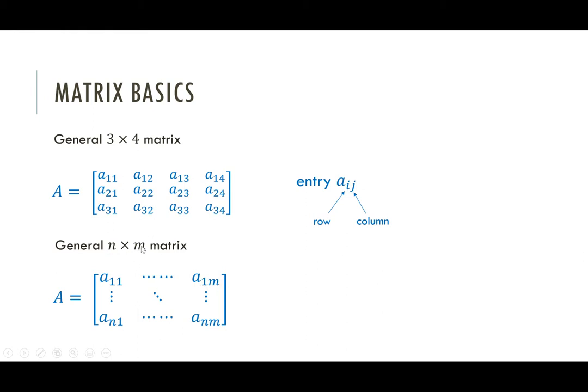So there are m columns, so the last entry is the mth entry because that's the mth column. And then there are n rows, so you would index a11 all the way down to an1. And then in the last row, you go from an1, an2, all the way up to a sub nm. Okay, just some real basic stuff about how to talk about matrices.